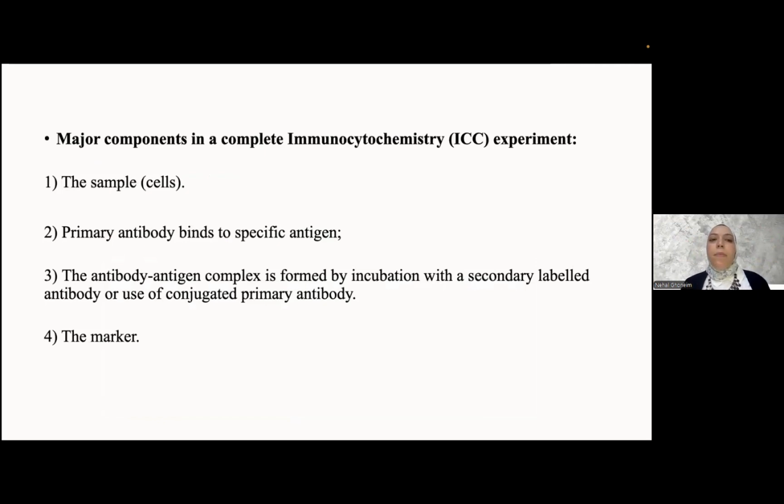So what are the major steps or major components in immune staining? At first, the cells, for sure. The primary antibody binds to the specific antigen, and the antibody may be, as we said, the primary conjugated, or we could use a secondary labeled antibody, and then the marker or the fluorescent dye.